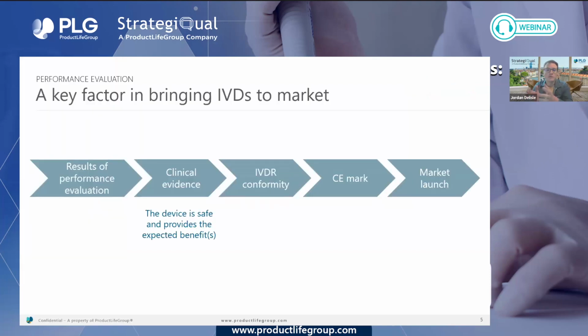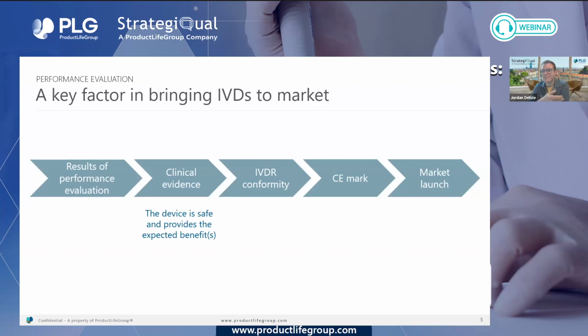Okay, so we all know that before an IVD can be placed on the market, the manufacturer must affix the CE mark to its device. And to do so, they must demonstrate compliance with the requirements of the IVDR. In particular, he must provide clinical evidence that the device is safe and achieves the expected clinical benefit with reference to the state-of-the-art in medicine.